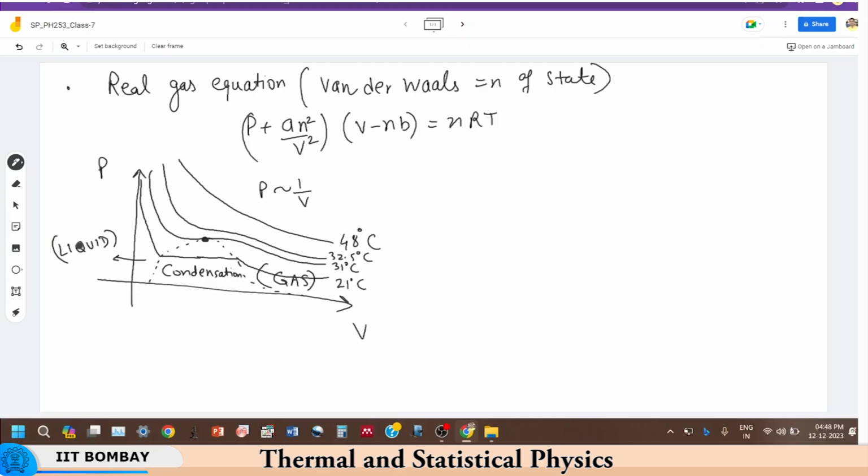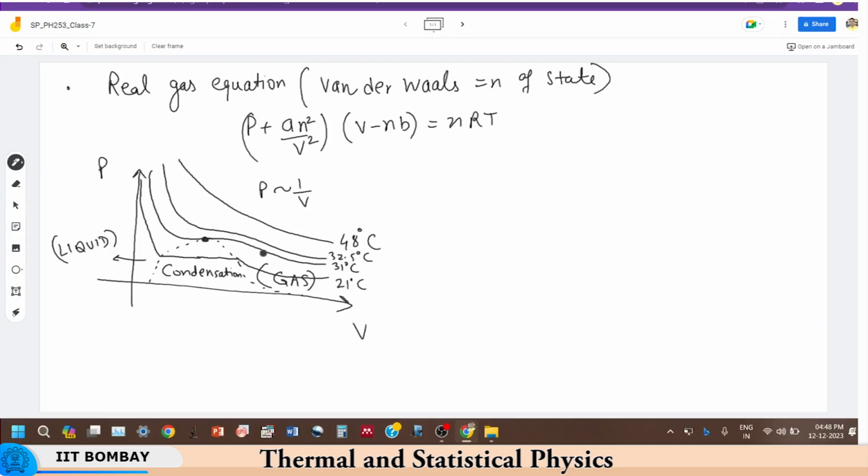So these were the experimental observations, but the important point is that the scaling of P with inverse V started breaking down as the temperature of the gas was lowered. And we imagined that the gas can liquefy only if there are attractive forces acting between the molecules, right?